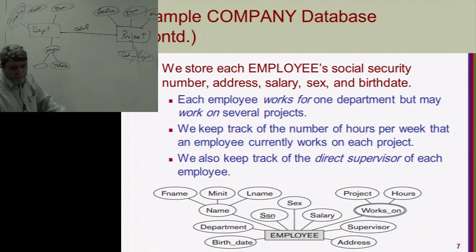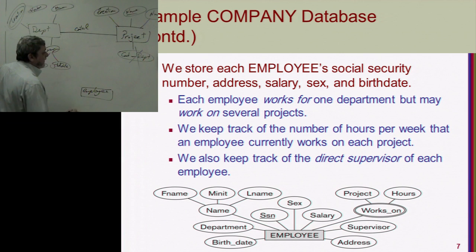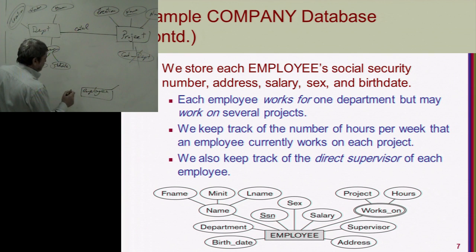Let us draw the employee. So we have employee here, and it has so many attributes. We have name, let's have it here, name, whatever the name is, composite or simple, it doesn't matter here.